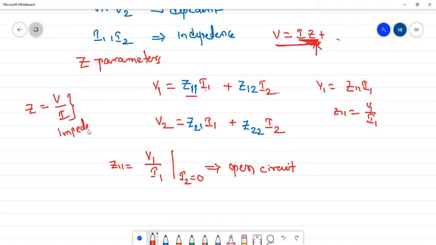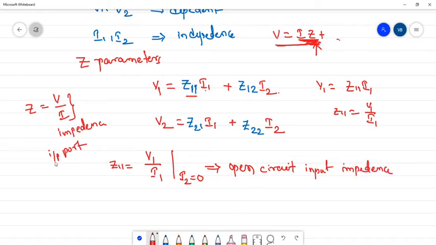Here suffix 1 indicates which port? That is the input port, right? So suffix 1 indicates the input port, and here you have written for the impedance. So Z11 is called the open circuit input impedance.